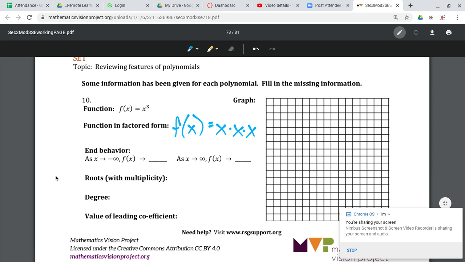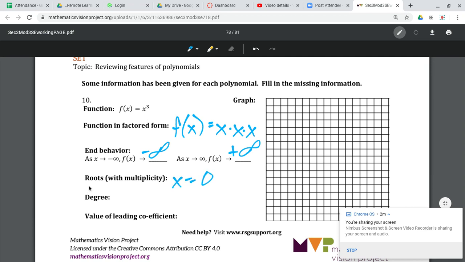So its end behavior: as x goes to negative infinity, f of x goes to negative infinity. And as x goes to positive infinity, f of x goes to positive infinity. The roots. The only root that f of x equals x to the third is going to have is x equals 0.